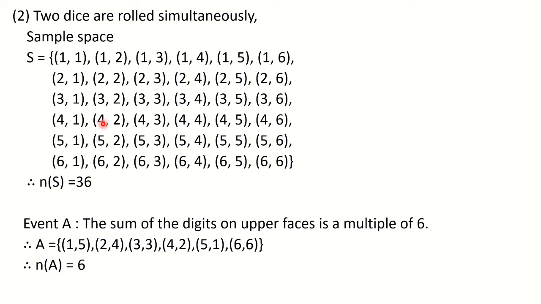Fourth line 4 comma 2. Then from the fifth line 5 comma 1. And from the last line 6 comma 6. So here you have 6 sample points. Write down set A from this only, and then write n of A is equal to 6. Complete it first. Then we will go towards the second event, that is event B.